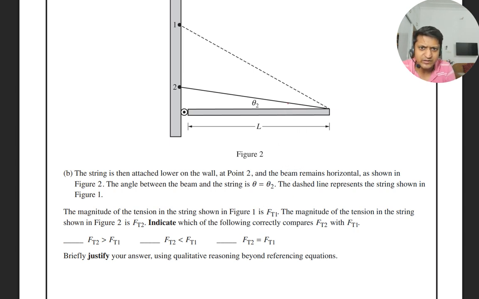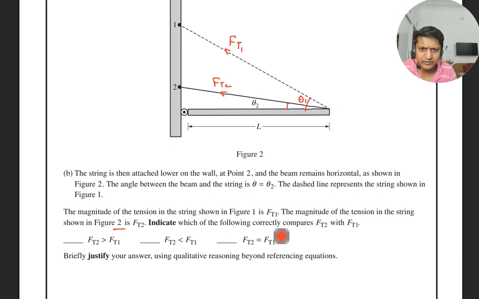Earlier it was theta 1, and the dashed line represents this. The magnitude of the tension in the string shown in figure 1 is Ft1, so here it was Ft1 in the earlier case. The magnitude of the tension in the string shown in figure 2 is Ft2.